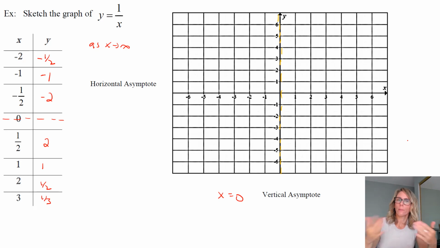If I put x equals 1,000, or x equals 1,000,000, that number is going to be teeny tiny. So as x goes to infinity, y is going to 0.